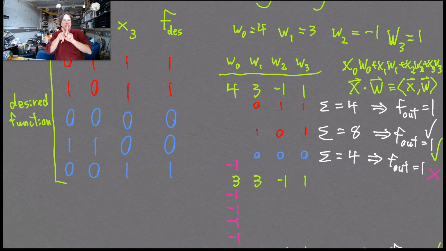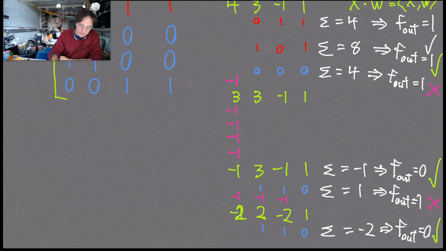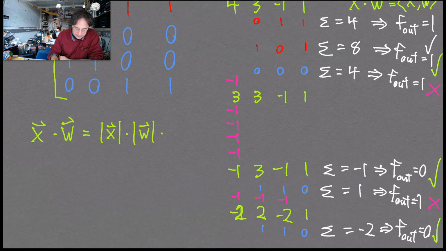Geometrically speaking, in a geometric picture, the scalar product is given by the lengths of the two vectors multiplied by the cosine of the angle between them. So it has a geometrical meaning. Right, so this is the length of one vector times the length of the other vector times the cosine of the angle between them.